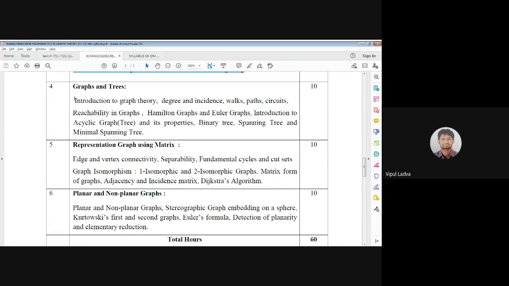In the 4th unit, we are going to take the introductory part of that. What we mean by degree, indices, walk, path, reachability of a graph, and after that what is a Hamiltonian graph, Euler circuit, Hamiltonian circuit, cyclic graph. ये सारी बातें होंगी 4th unit में.